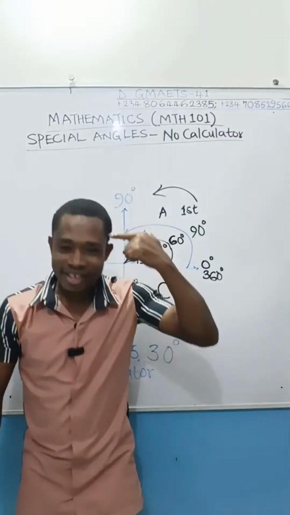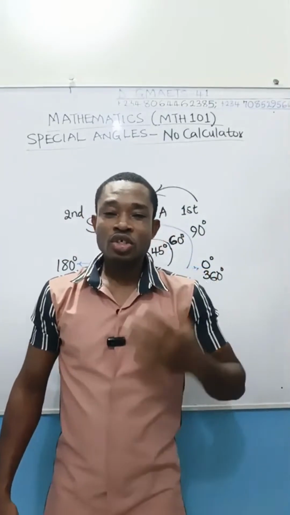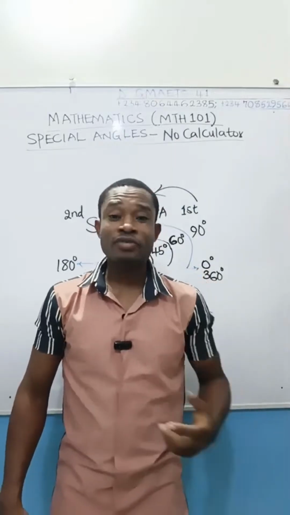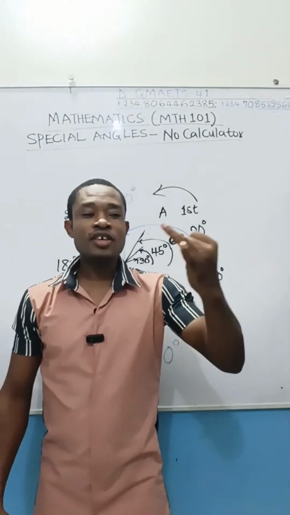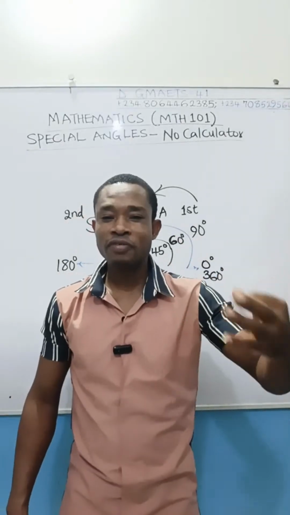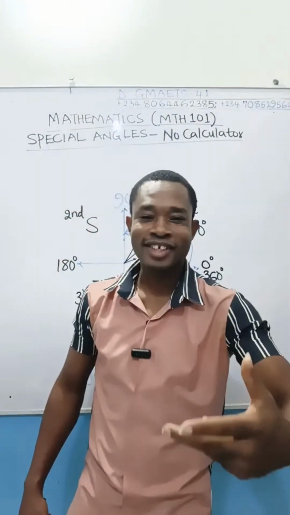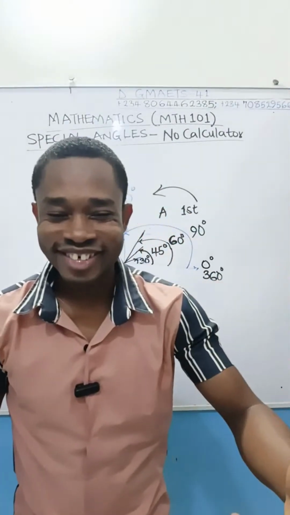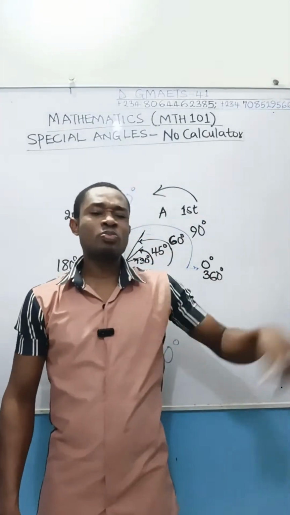Join the chorus so that this thing will fix firmly into your brain in order for you not to forget it. To generate your special angles, all you have to do is simple. Starting from 0, you move 30, 15, 15, 30, and repeat. So you do this and you can get as many special angles as possible.